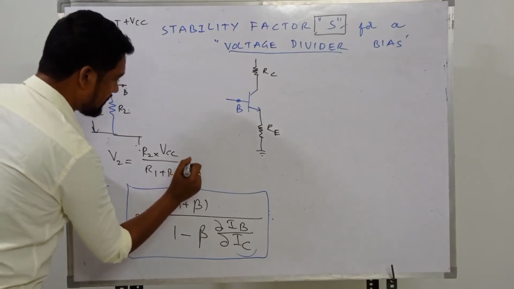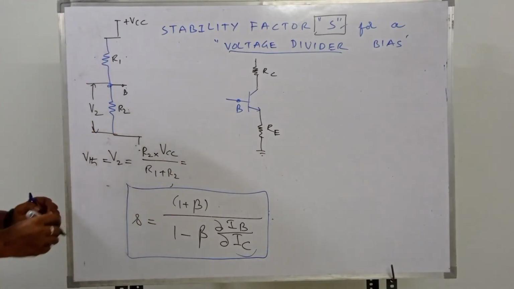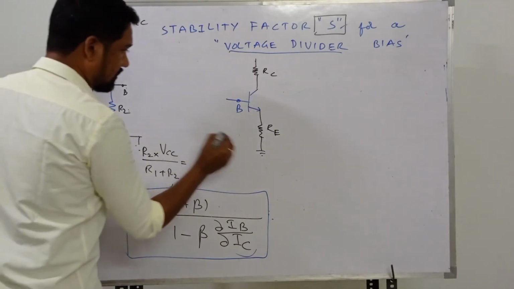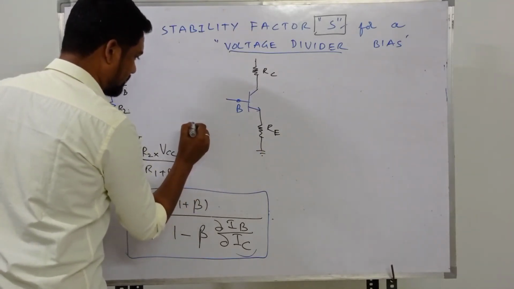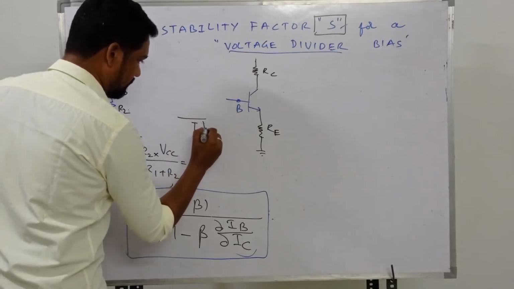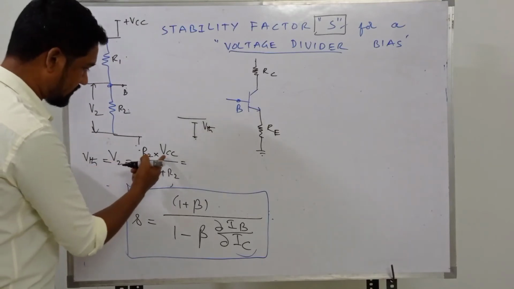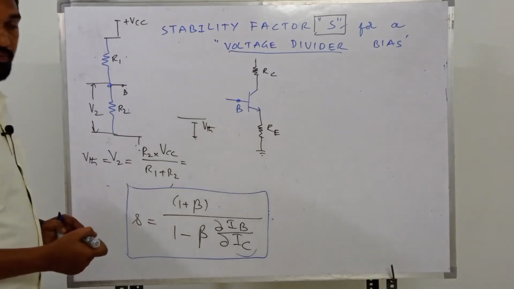Now this one will be our VTH, Thevenin's voltage, right? So we have a Thevenin's voltage with a negative and a positive with the ground. Now this is VTH. What value of VTH? It's VCC into R2 by R1 plus R2, right?